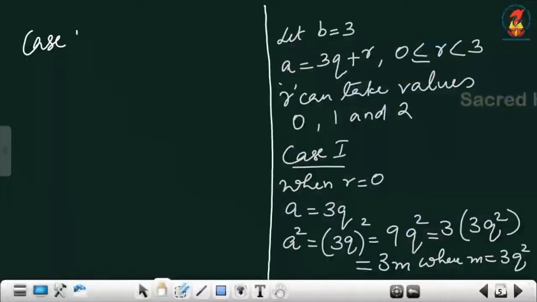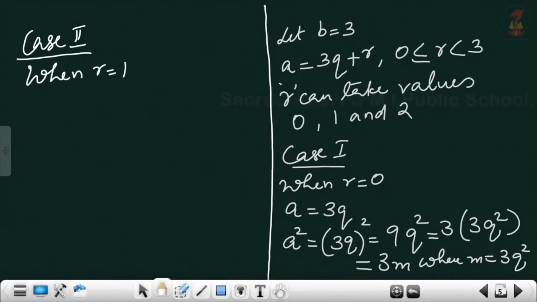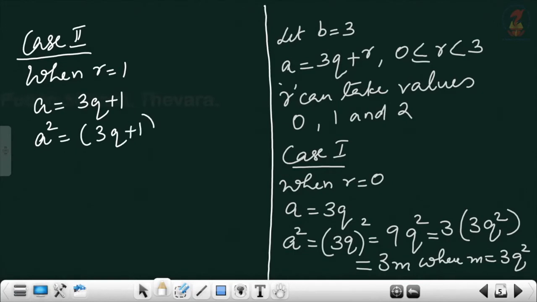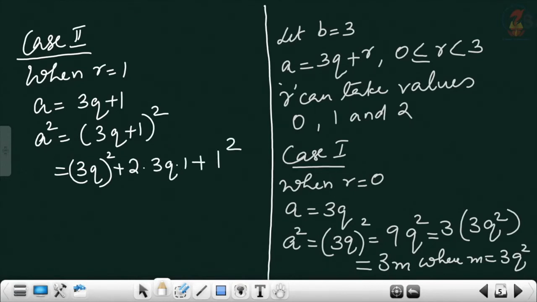Case 2, when r is equal to 1, we can write a as 3q plus 1. So, a square is equal to 3q plus 1 whole square. This is of the form a plus b whole square. So, 3q whole square plus 2 into 3q into 1 plus 1 square.